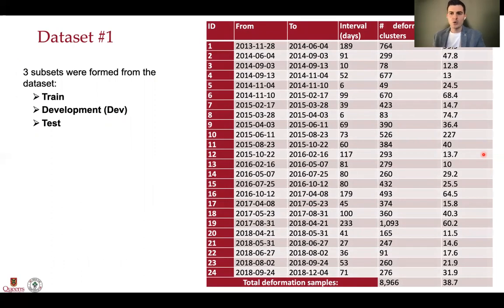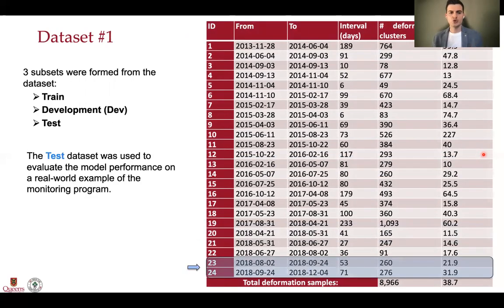So we have the whole database of the different monitoring campaigns from 2013 to 2018 with different intervals, the different number of deformation clusters and percentage of rockfalls. We split it into 3 datasets: the training dataset, the development dataset, and the test dataset.